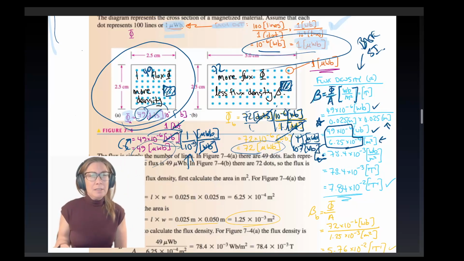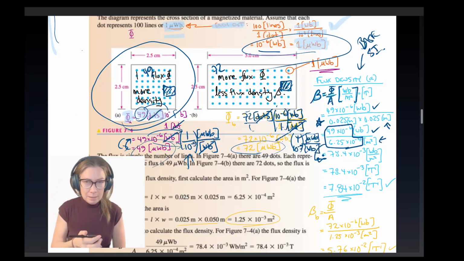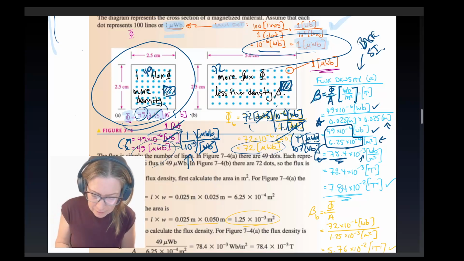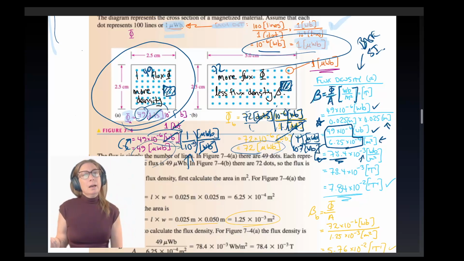And why did I express it as 78.4 instead of expressing it as a decimal? I expressed it as this because I moved the decimal place and therefore moved this exponent so that this is a proper scientific notation number.